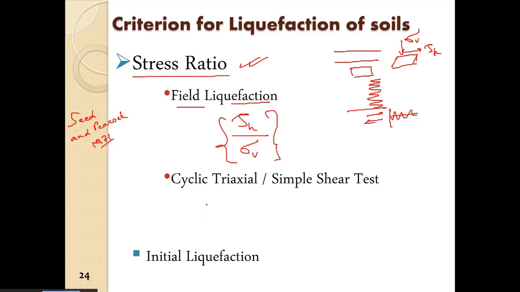It is tau by the normal stress, so we can write tau h by sigma v. In simple shear, if you remember, we have these plates that deform in this manner, with sigma v here and tau h here. So this is one stress ratio.